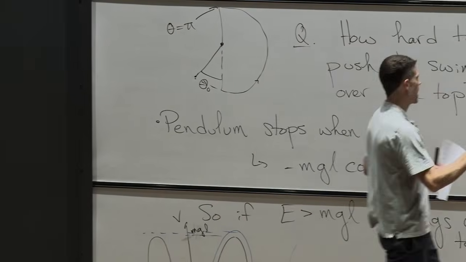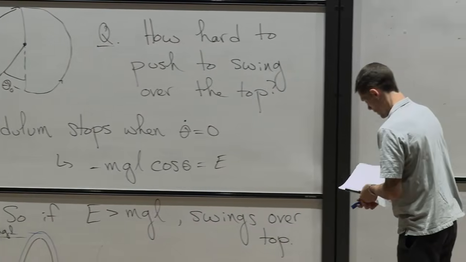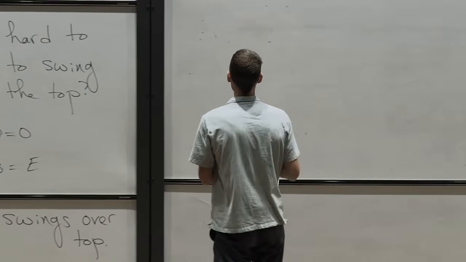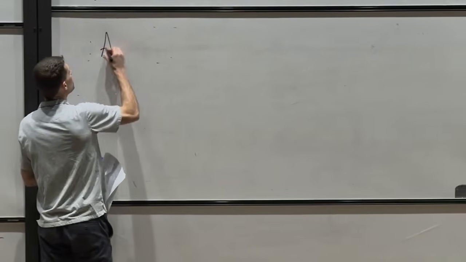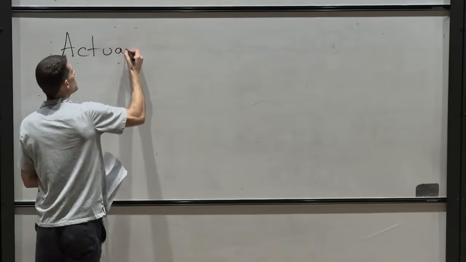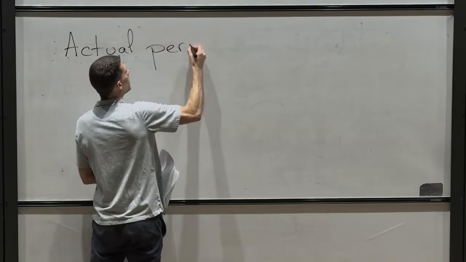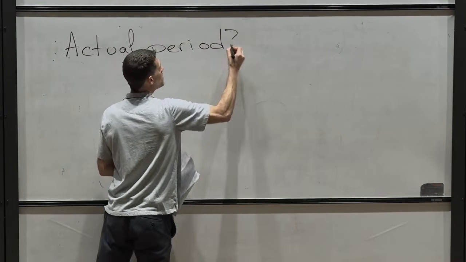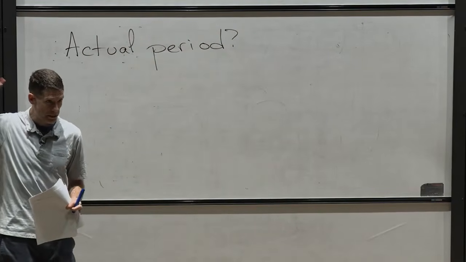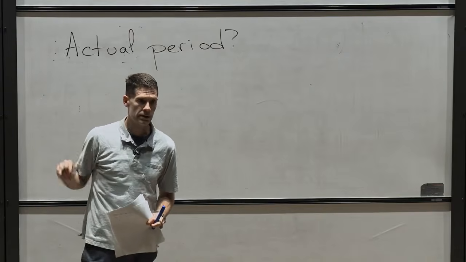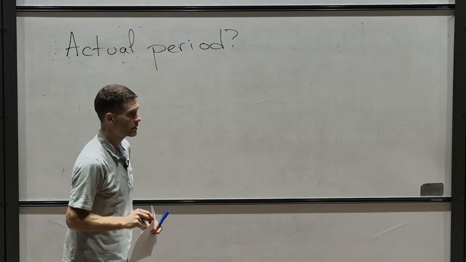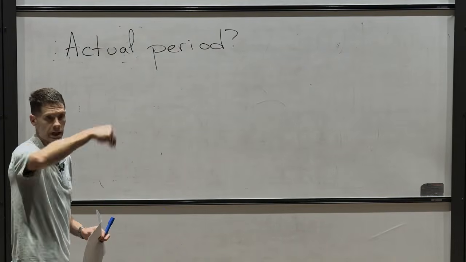If I want to work out the actual period, I can. In other words, if I don't linearize, I keep the full theta dot dot plus the g over L sine theta. What period, how long does it take?